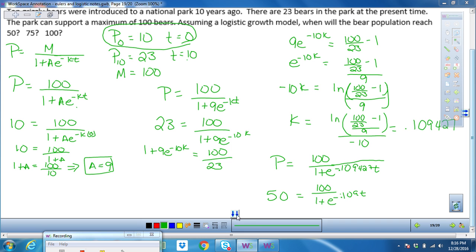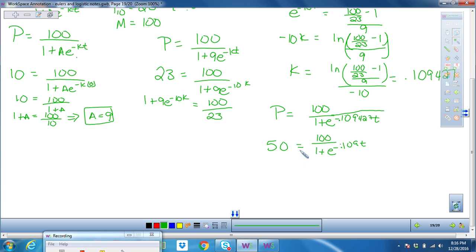And let's see if I can just finish solving this. I cross multiply really. So this comes up here and then that's going to go down there. So I get 1 plus e to the negative 0.109t is equal to 100 divided by 50, which is 2.